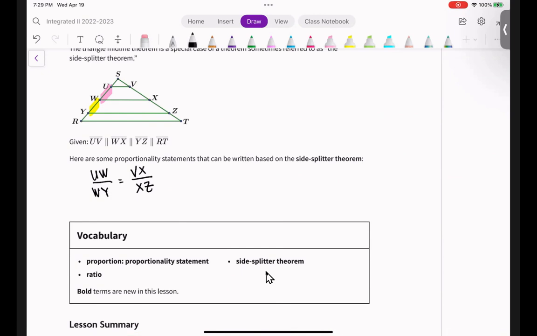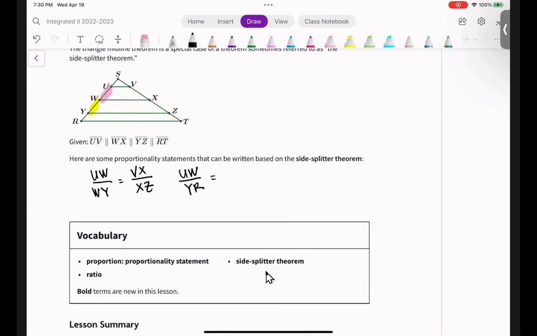Another one that you could do is UW over YR. And what would have to be on the other side of that? UW over YR, excuse me.